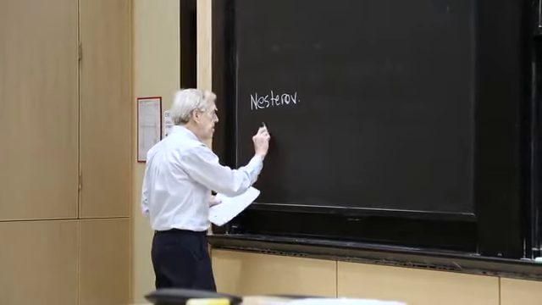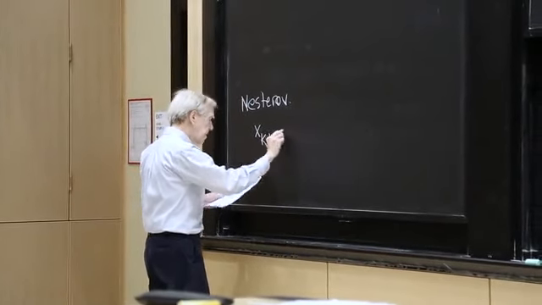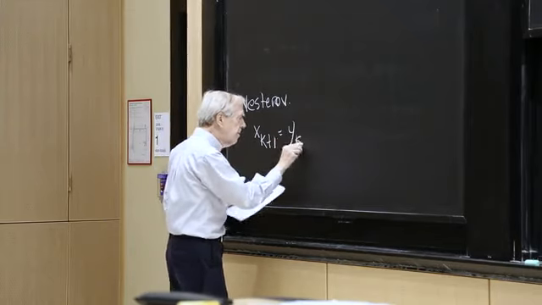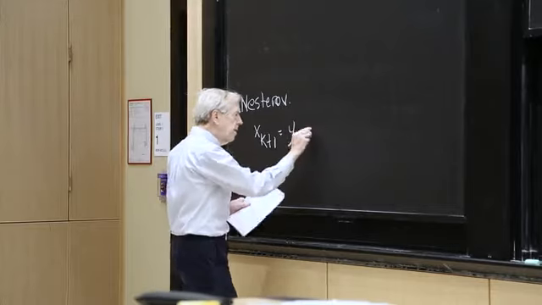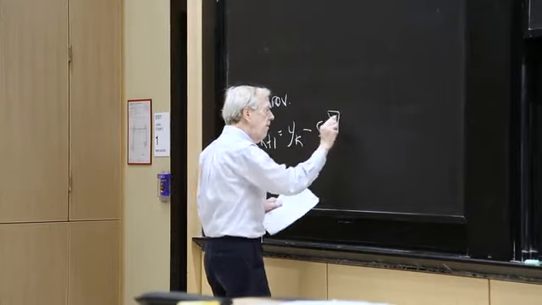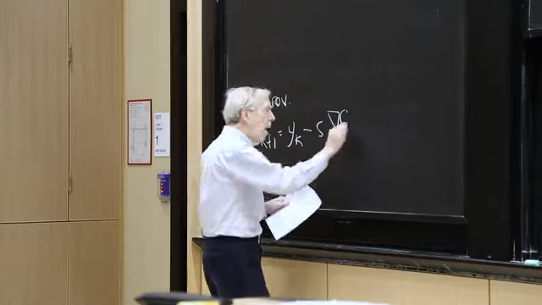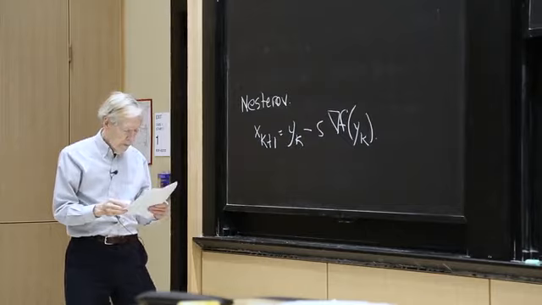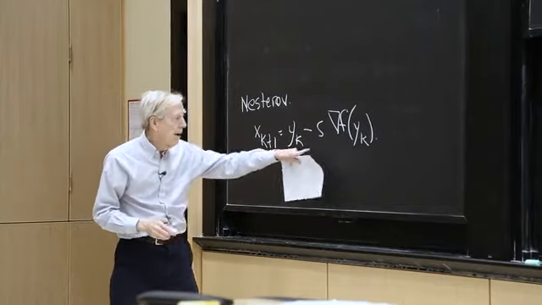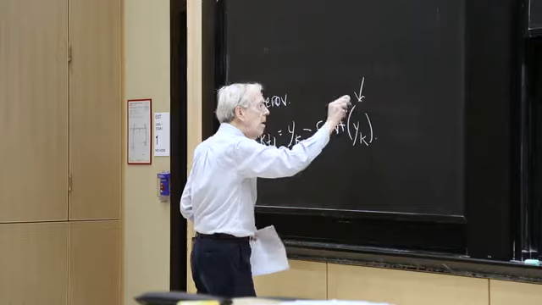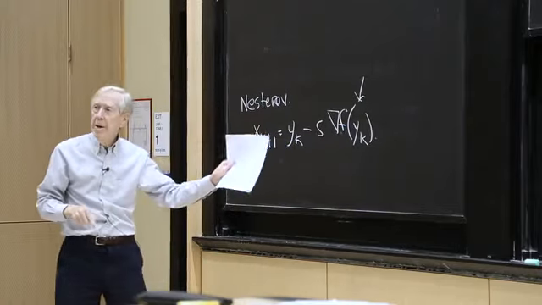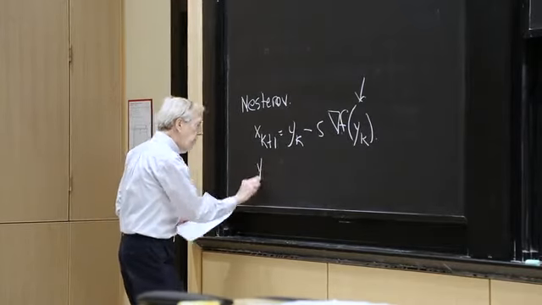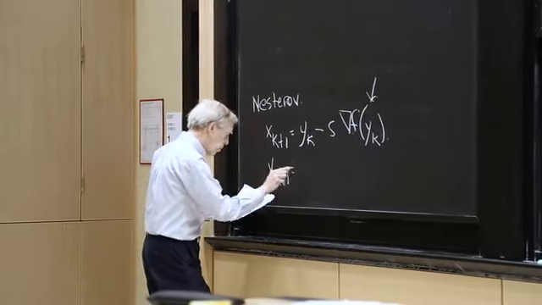So his formula is x_{k+1}, the new x, is y_k, so he's introducing something a little different, minus s gradient f at y_k. I'm a little surprised about that y_k, but this is the point here, that the gradient is being evaluated at some different point, and then he has to give a formula for that, to track those y's.